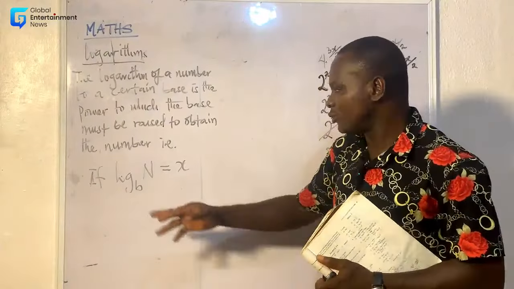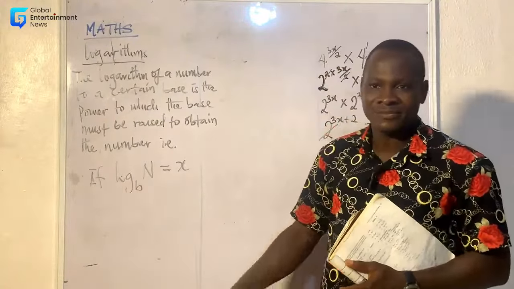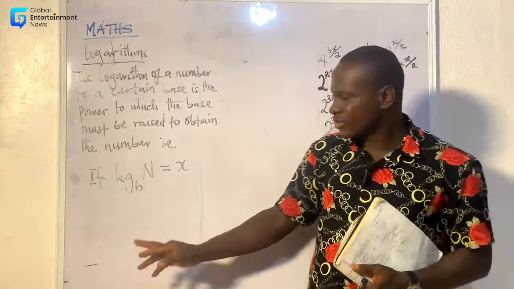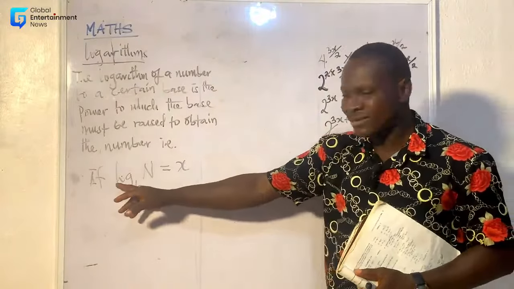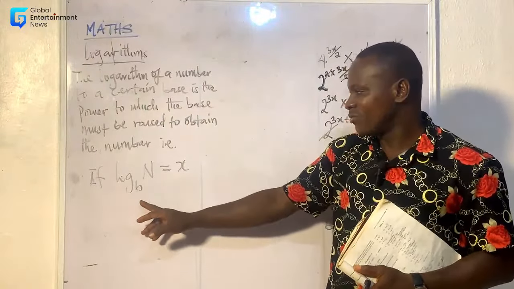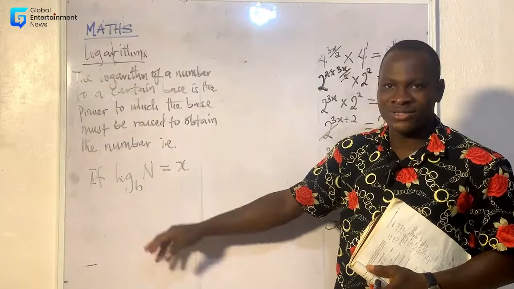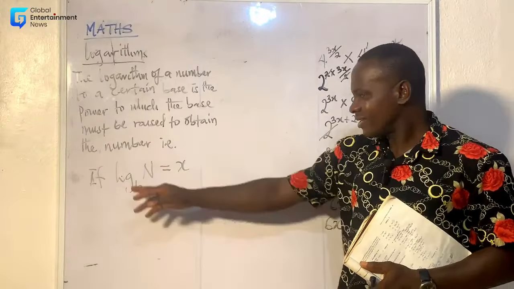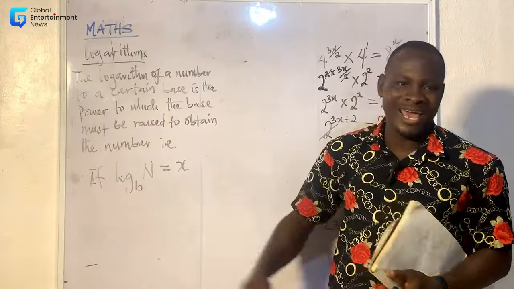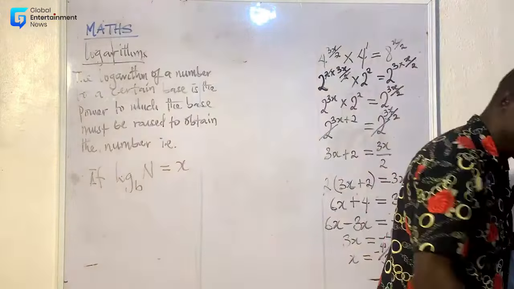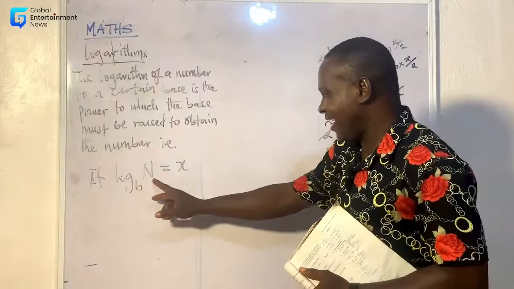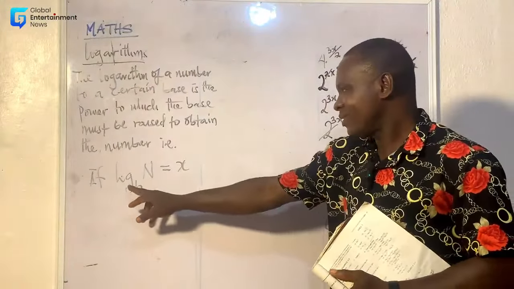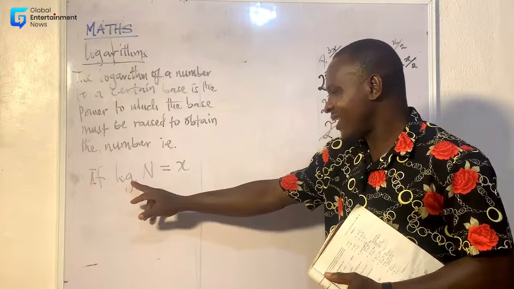Now, I want you to pronounce this for me. What is this? Okay, somebody say log b. No, it's not log b. Another person: log n. This is log n base b.